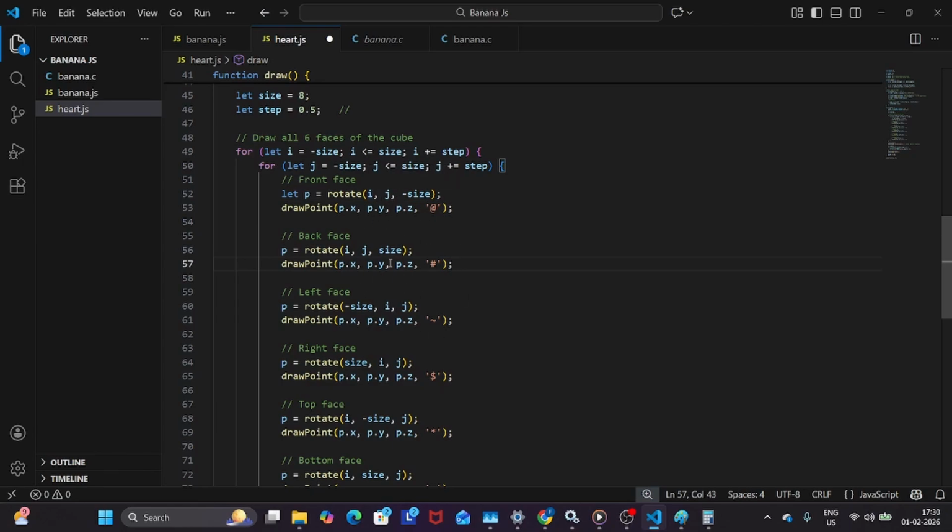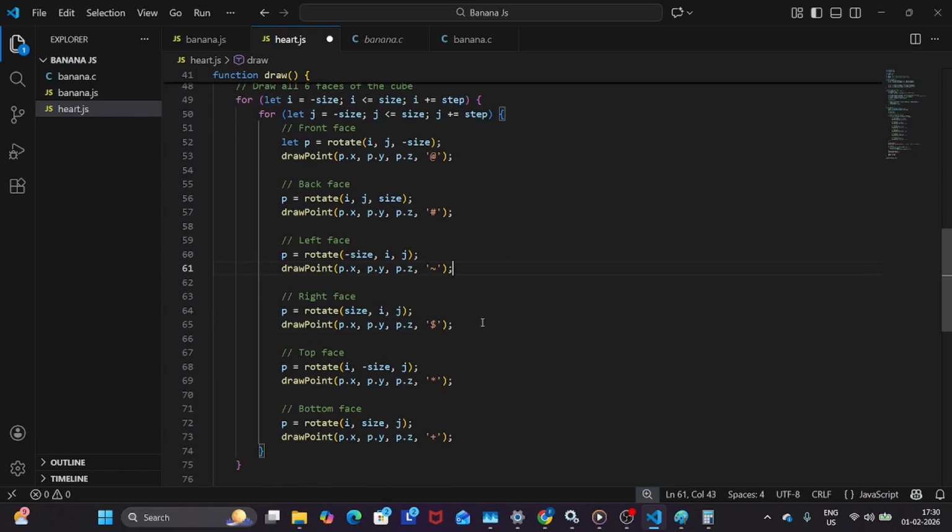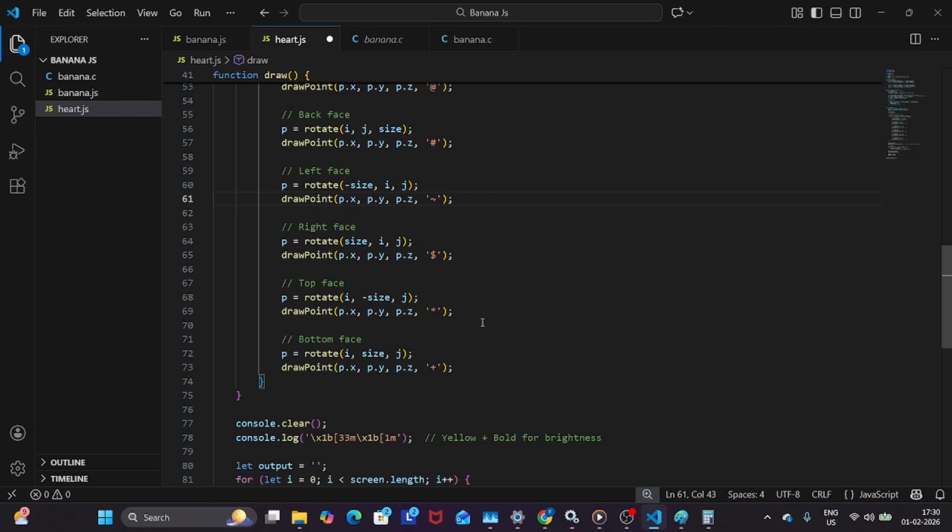In the back face these two are the same. In the left face x is not changing and this is changing. In the right face also, but with the opposite sign, positive. In the top face y is not changing, and the back face is the same.